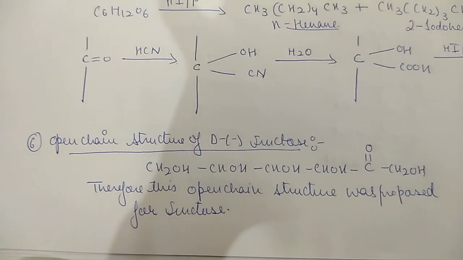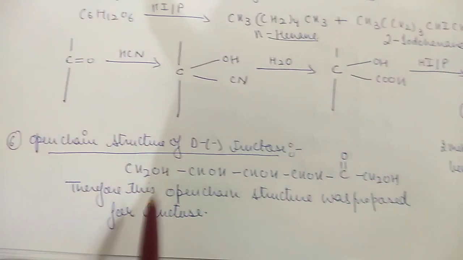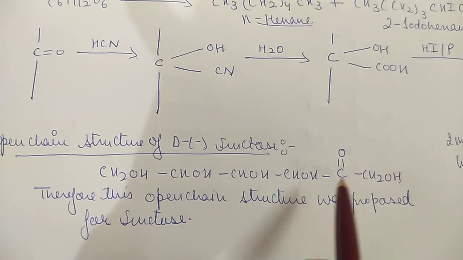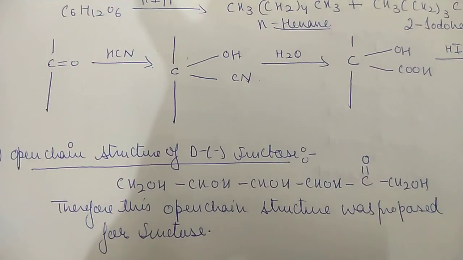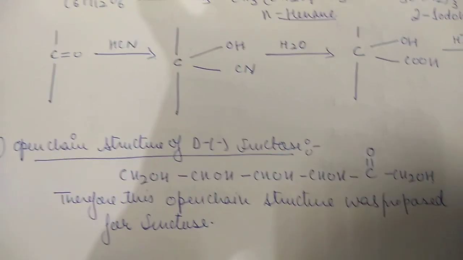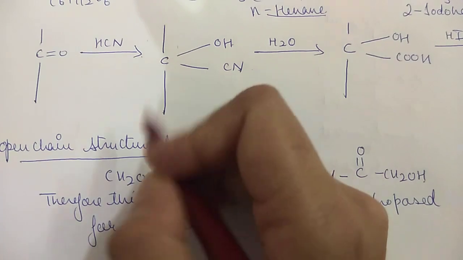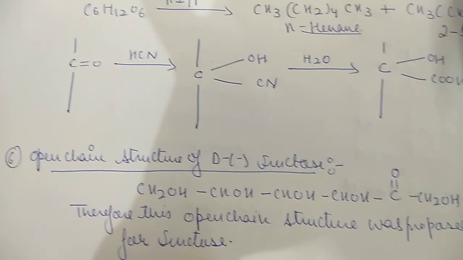So then next was the open chain structure of D-fructose. This open chain structure of fructose was proposed because all these reactions were bringing us to the conclusion that only this can be the structure of fructose, because it was explaining all the properties of fructose and the reactions which it undergoes.